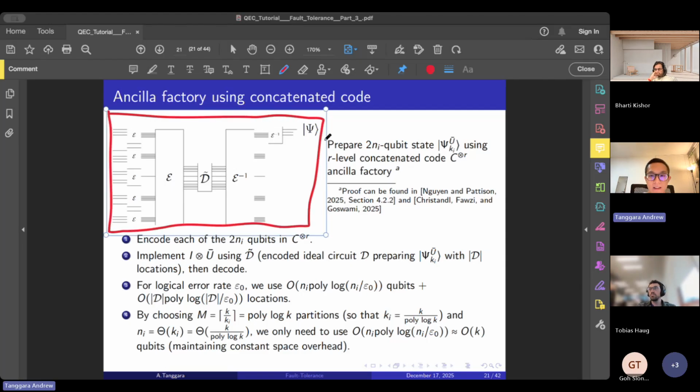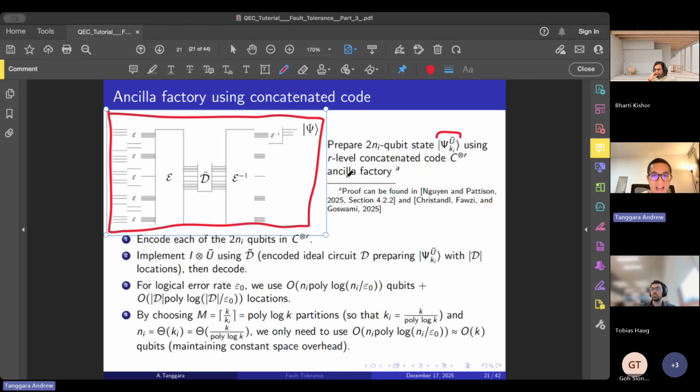To prepare this ancilla that encodes the logical gate, we use an R-level concatenated code. The protocol still uses this concatenated code, but exclusively to prepare this ancilla so that I can do universal logical gates.